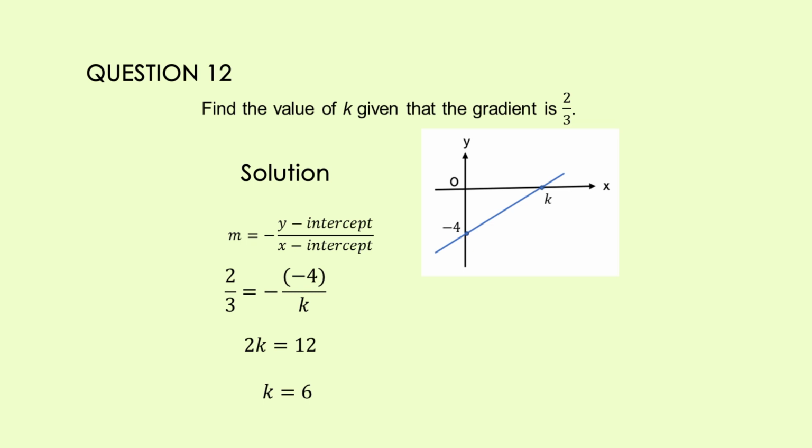Then, by using the gradient formula, we will get 2 over 3 equals negative 4 over k. By calculation, 2k equals 12. And finally, k equals 6.